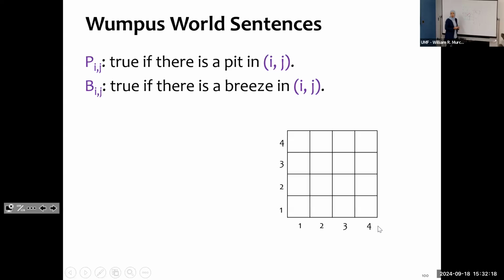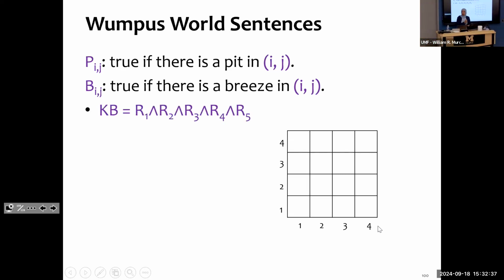Breeze. So whether I have my P at the coordinates I,G to denote that there is a pit there, and that's true, or to denote that there is a breeze there, and that's true. It depends. Now let's consider this grid, and we are going to define our knowledge base.